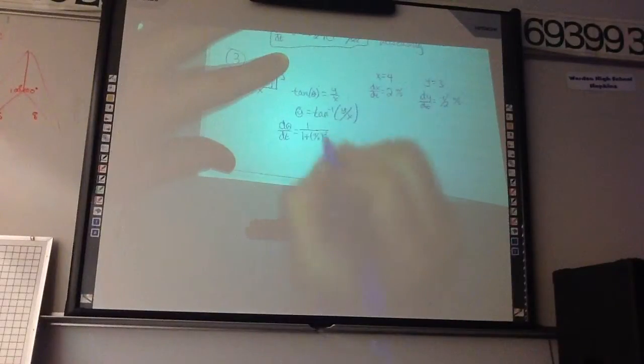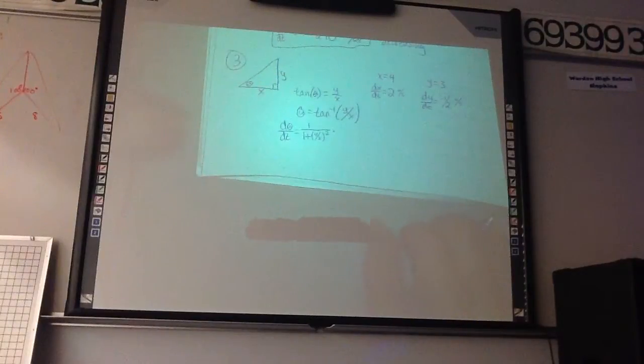Times the derivative of the thing in the parentheses, which is quotient rule. Try to do quotient rule there.